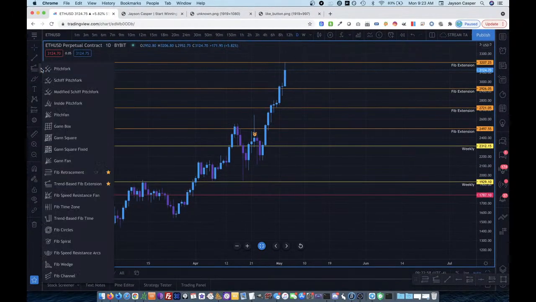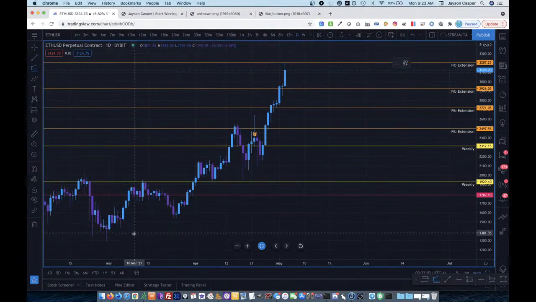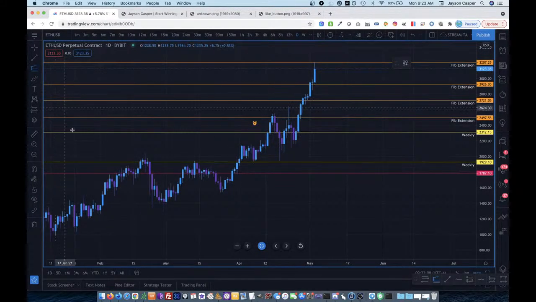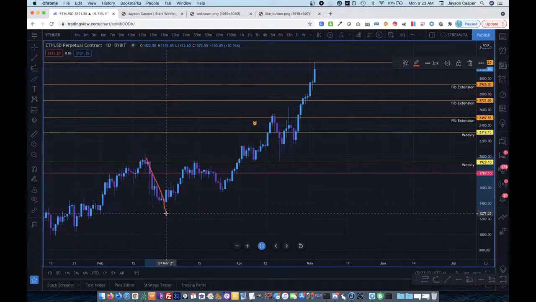And if anybody doesn't know how I got these levels, I can show you real quick. You come over here, get your trend-based fib extension, and I like to take it from the swing low of a move. The way we're obtaining these targets in an uptrend, this resistance level is at an all-time high. So how did we figure this resistance level out? We come down to the swing low, and the way you determine a swing low is you look for that V shape.